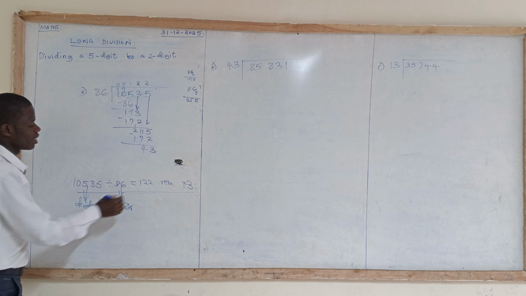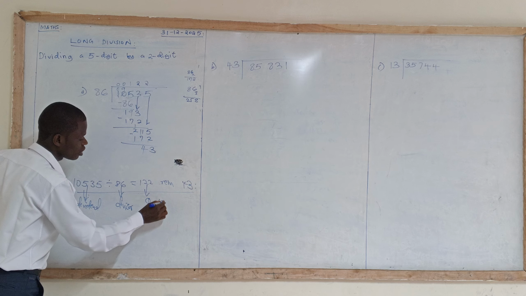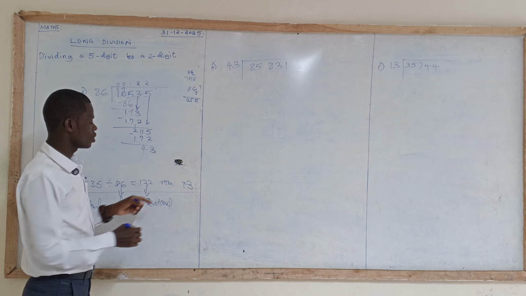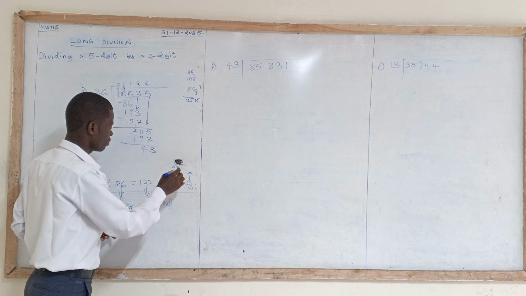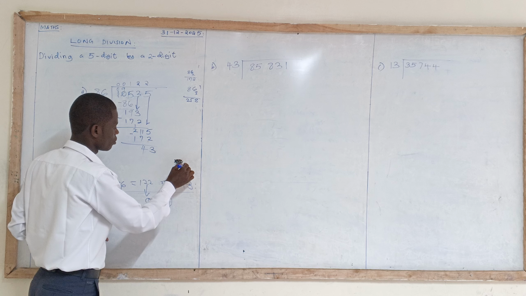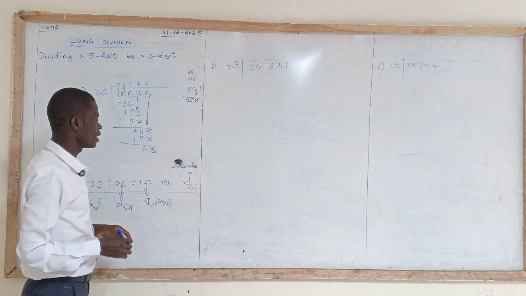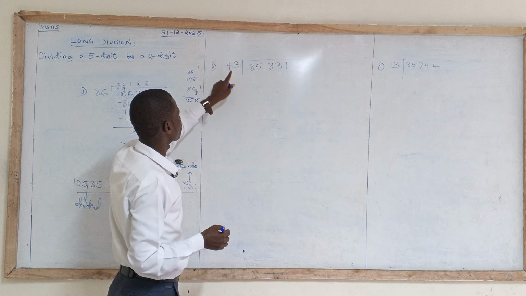This is 86. Then this is now the quotient, but this one remains as a remainder. Very simple.